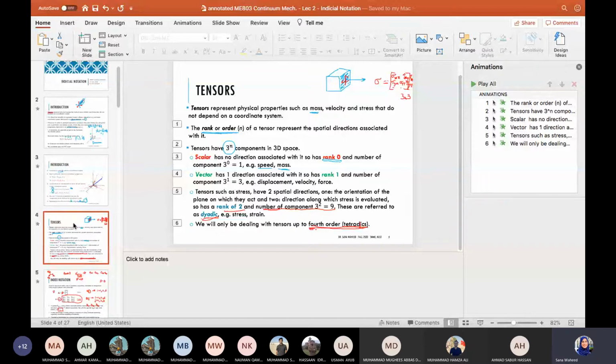And we discussed how this includes all of the physical properties that we've been discussing almost all of our lives. So velocity, mass, even density, and even color actually, and so on and so forth. These are all tensors which are independent of the coordinate system.